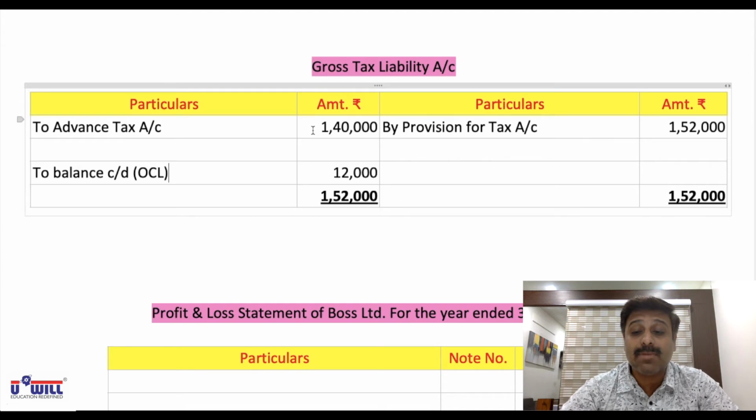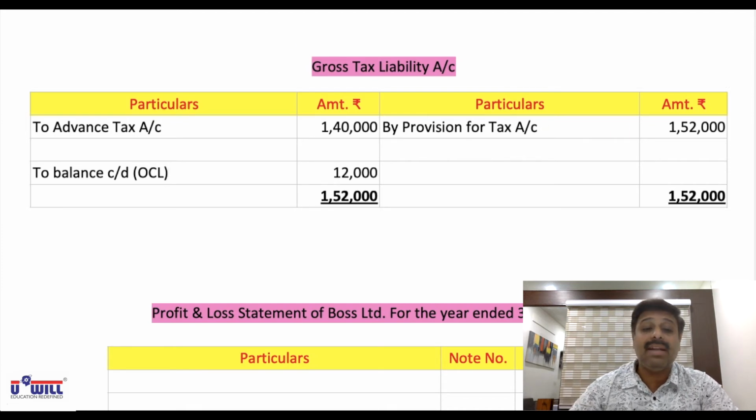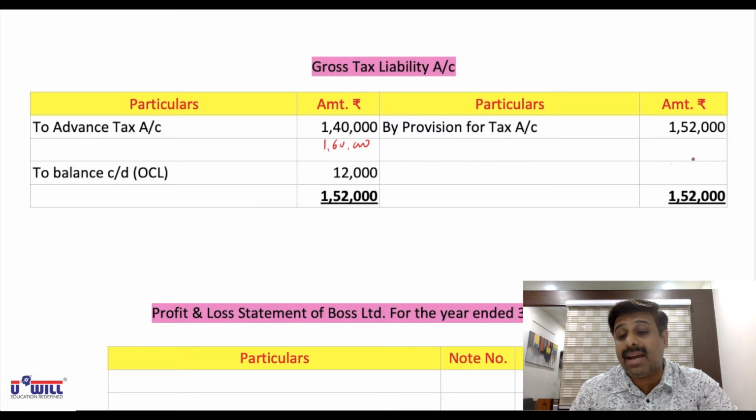Suppose advance tax paid was more. Against 1,52,000, the advance tax paid was, let us say, 1,60,000. In that situation, the remaining 160 minus 152, 8,000, would have been shown in other current assets as income tax refund receivable.